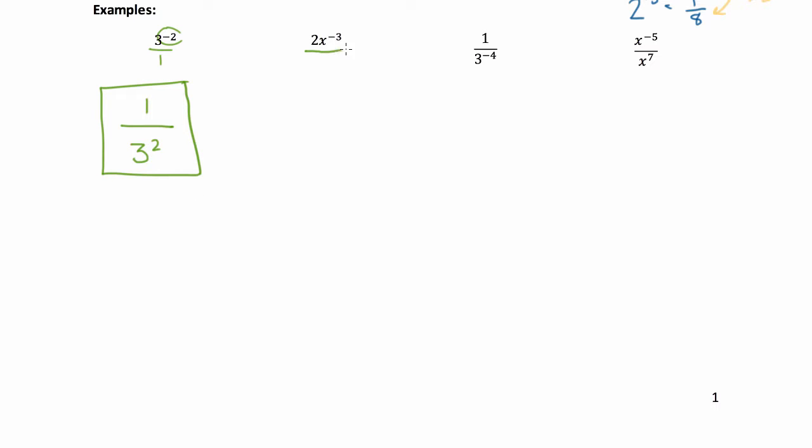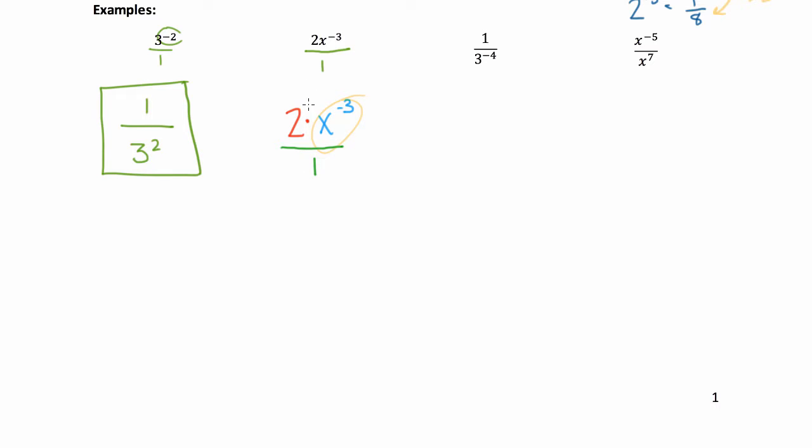Here I've got 2 times x to the negative 3. Now what's tricky about this is, remember, this 2 is connected to x to the negative 3 by multiplication. And so that means here that exponent of negative 3 is only going to the x. 2 is happy.